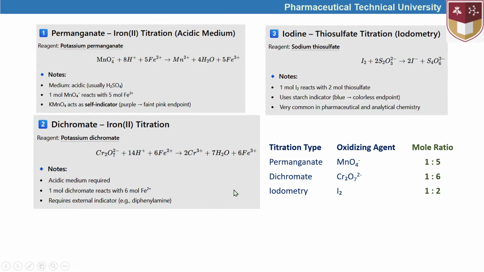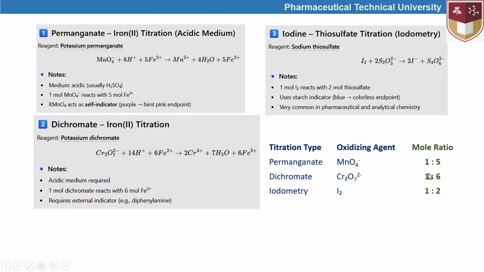Balancing the reaction is an important point to find out what stoichiometric ratios can be calculated, and this is used to calculate the concentration of the ion being titrated. Okay, and iodine thiosulfate titration is another example of redox titration.